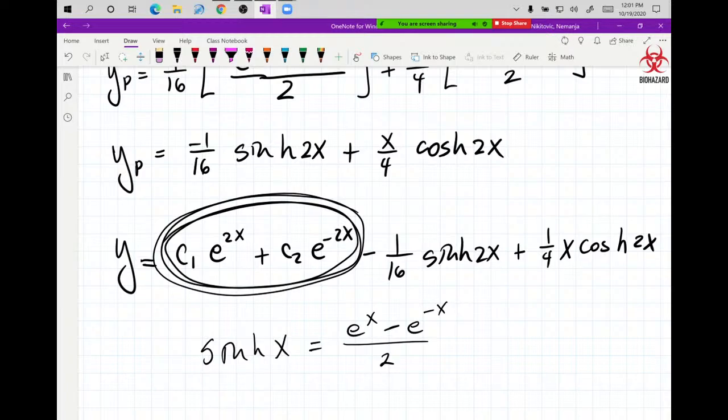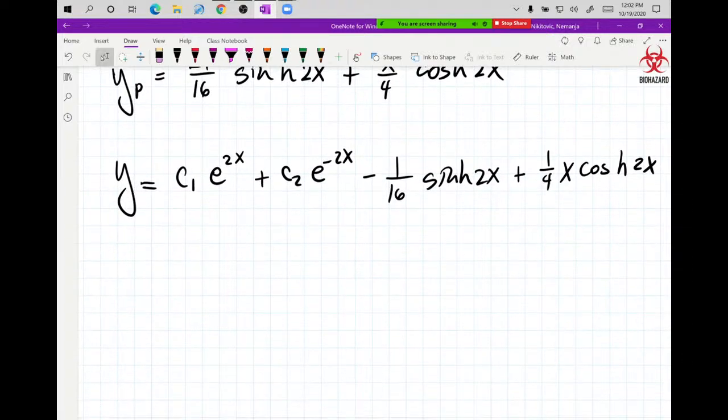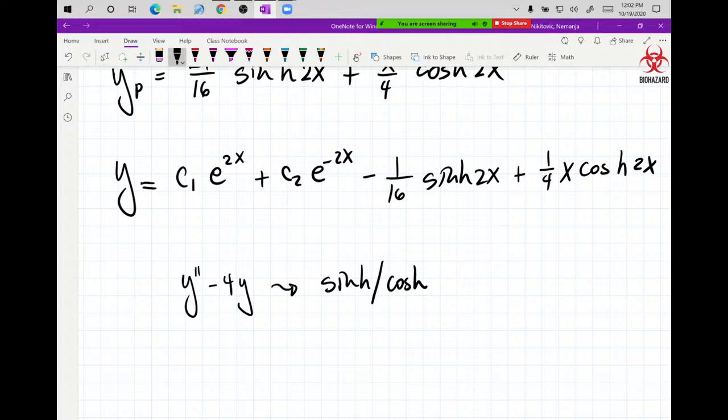And the answer is yes. You can write this as a combination of hyperbolics, which actually in many books is presented that way rather than this E business. So you quickly figure out that you live in this dual world where the problems of this form give you sine hyperbolic and cosine hyperbolic stuff, and the problems of this nature, which end up being complex, give you sine and cosine world.